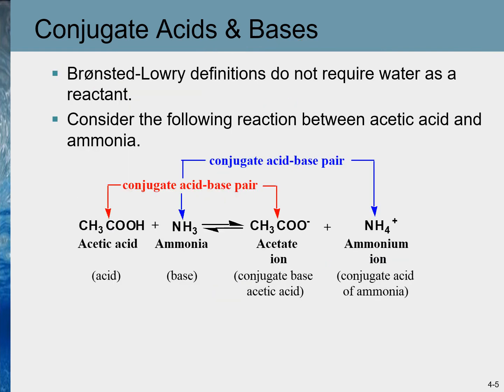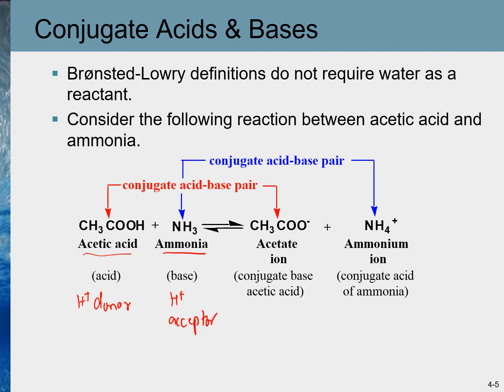It should be noted that the Bronsted and Lowry definition does not require water as a reactant. For example, ammonia is reacting with acetic acid in this case. Proton is being transferred from acetic acid to ammonia. Therefore, acetic acid is a proton donor, hence it's an acid, and ammonia is a proton acceptor, therefore it's a base.